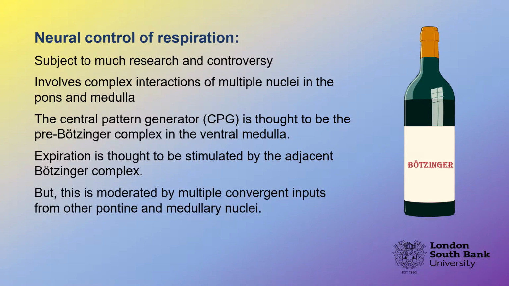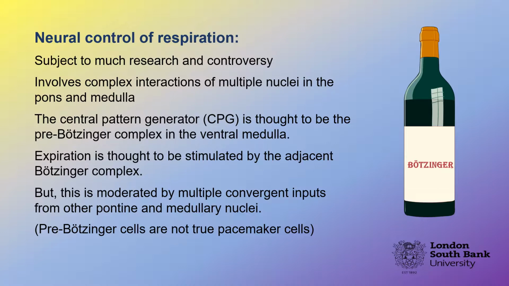But all of this is moderated by multiple inputs, afferent action potentials coming in from the pons, so the pontine respiratory center, and the medullary nuclei. Because of this, pre-Bötzinger cells can't really be considered to be true pacemaker or true autorhythmic cells.